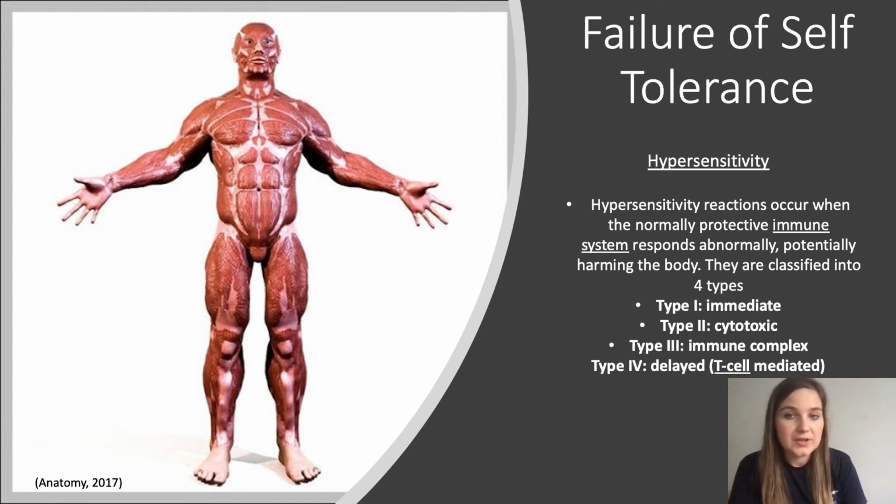Type 2 is referred to as cytotoxic, as they involve antibodies that are specific to particular tissues within the body and cause destruction of cells in these tissues, for example, autoimmune hemolytic anemia. Type 3 is the binding of antibodies to circulating antigens, leading to serum sickness. And type 4 are delayed hypersensitivity reactions such as multiple sclerosis and rheumatoid arthritis.